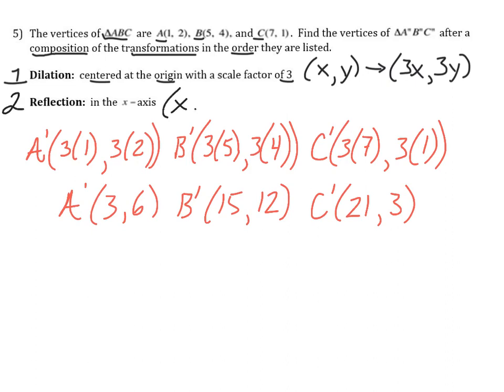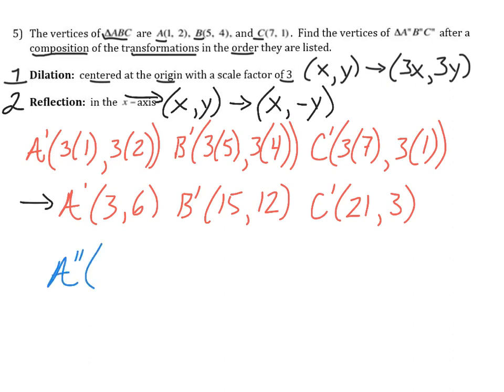So let's jot down what is the rule for a reflection over the x-axis. So what's going to change is my y coordinate. So now I want to apply this reflection rule to my coordinates down here, A prime, B prime, and C prime. So this is going to give me my final points that I'm going to write down in blue, A double prime. So the only thing that's going to change, remember, is just the y coordinate is going to change signs.